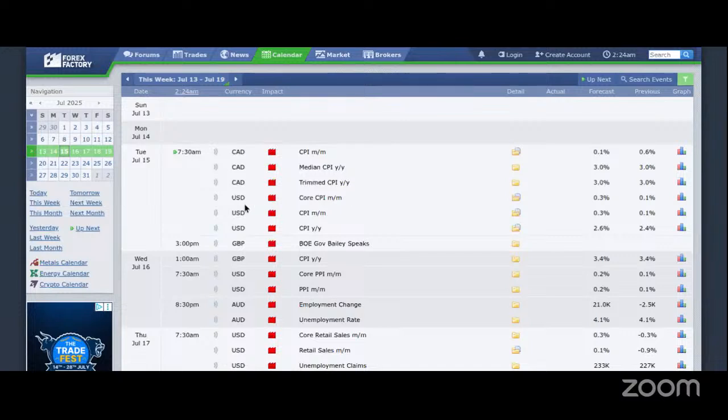We also have triple major news dropping on the US dollar: core CPI month-over-month, consumer price index month-over-month, and consumer price index year-over-year. That's going to be a lot of juicy movement the moment the opening bell hits.